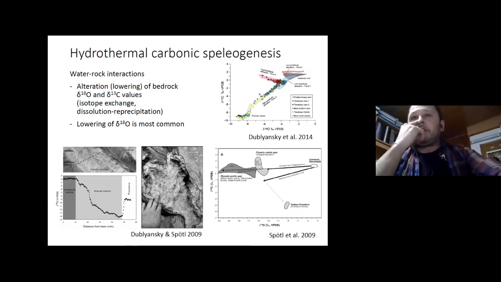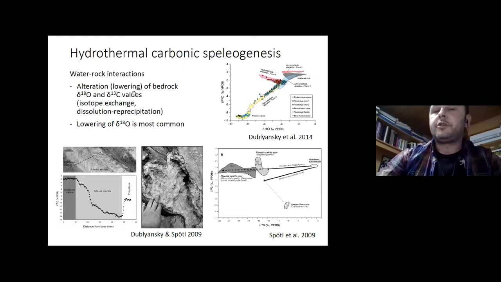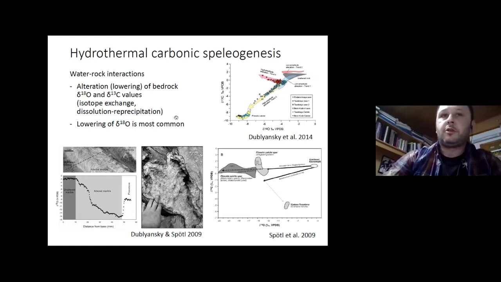On the other hand, we can use isotopic composition to identify water-rock interactions. The bedrock in which this cave was formed can have its isotopic composition altered due to the interaction with the water. For example, you can see this nice profile here where the oxygen composition of the unaltered marble bedrock shifts towards much more negative values, which reflect the values of the fluid with which it had interacted.